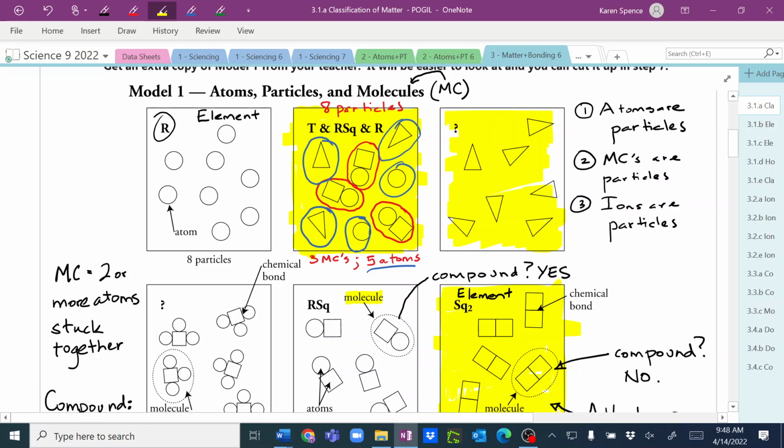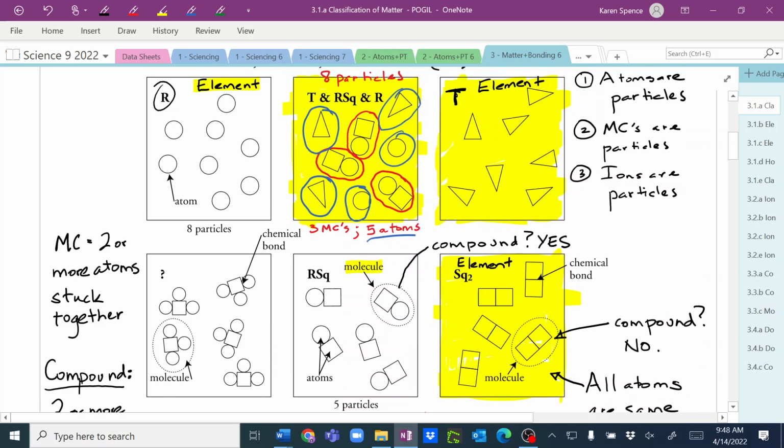That symbol, or the code, would be T. Okay, so that's our T, and that is an element. Okay. Are there any more elements in here? We got the circle, that one's an element. We got that one. We got this one over here, that's an element.